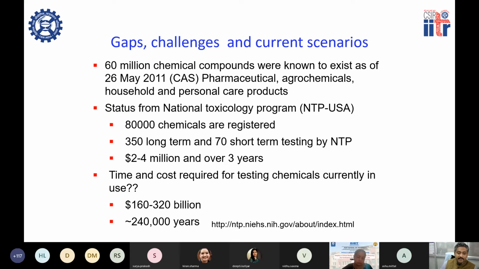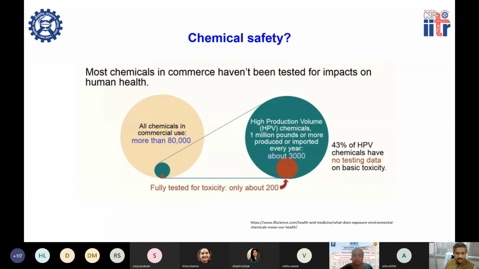If you want to do entire data sets, it's really a Herculean task. So the computational tools become really handy, providing an alternative instead of in vivo and in vitro; in silico provides an advanced edge to expedite the drug discovery process or safety information.